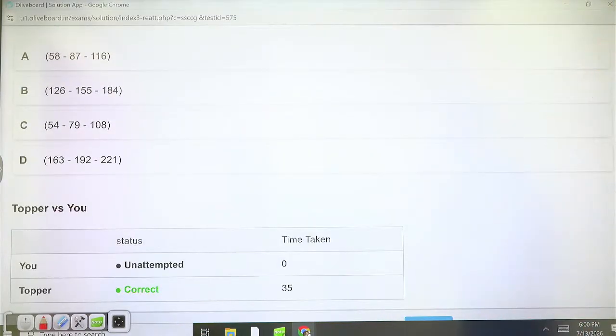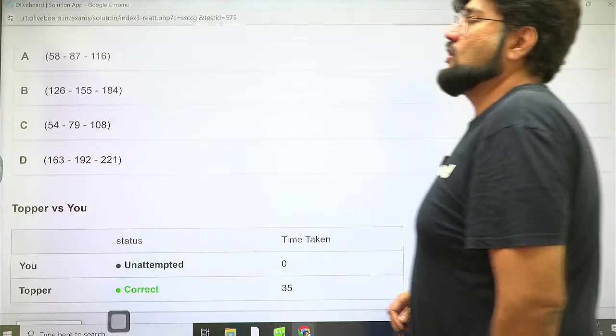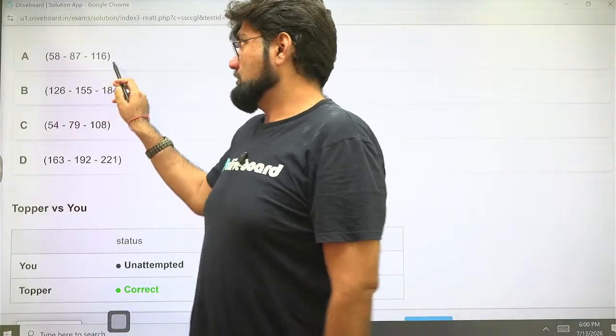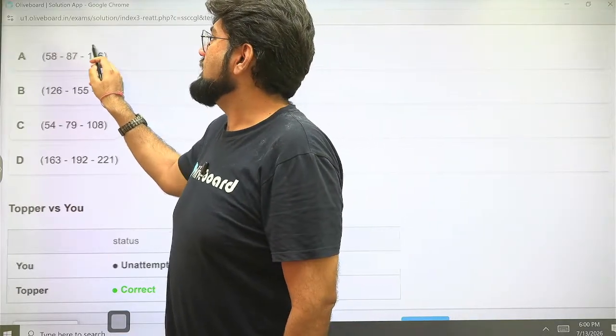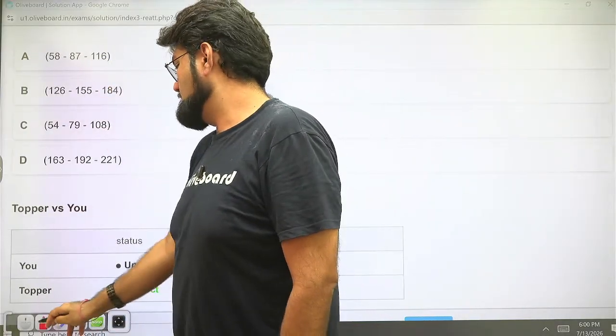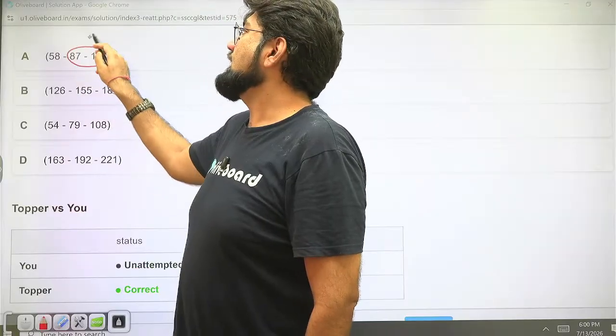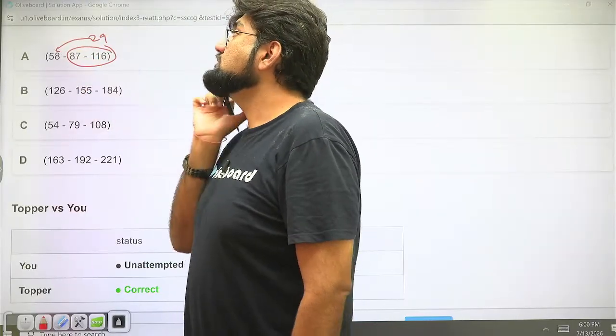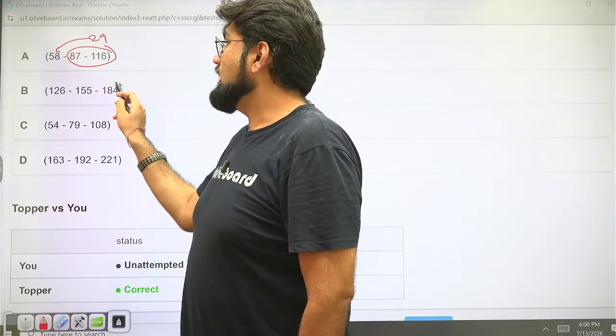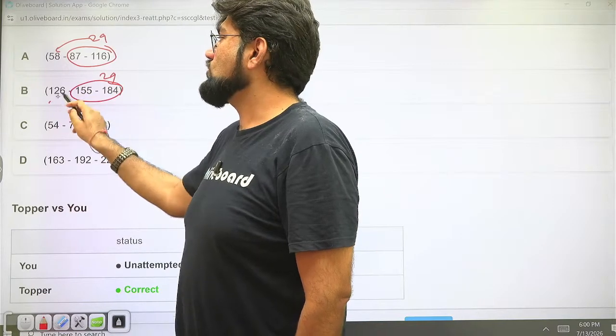Odd one out. Okay. 58, 87, 116. A lot of people, what they'll first see is, when you subtract 116 and 87, you end up getting 29 and you double 29 to get 58. But you get 29 here also, but this is not true.